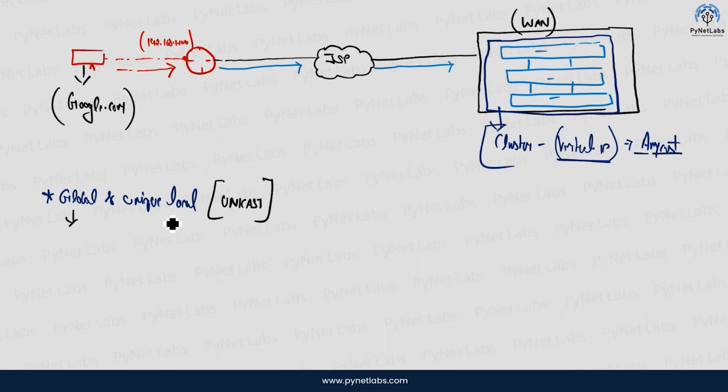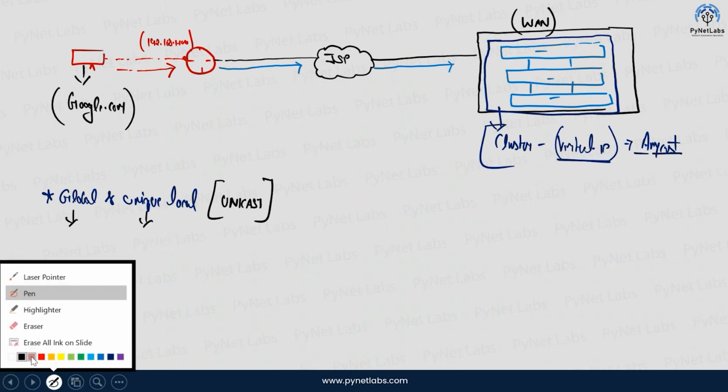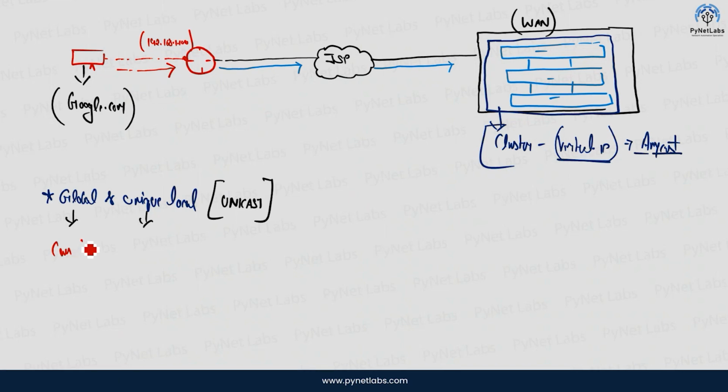Both of these IP addresses can be defined as anycast addresses. Anycast is pretty much similar to multicast, which identifies multiple interfaces over the wide area network, but whichever it finds first, it gets the reply from that. That is basically what the anycast address is.